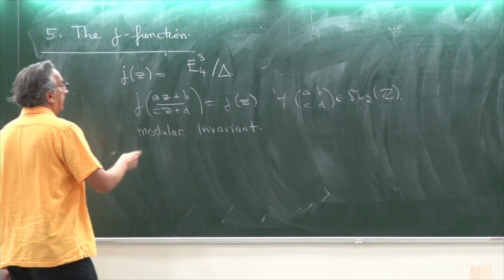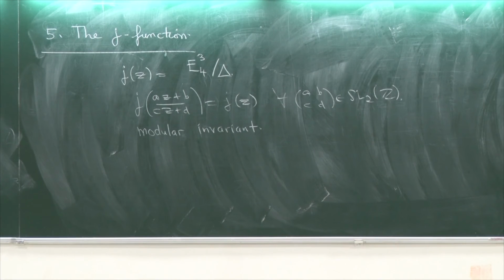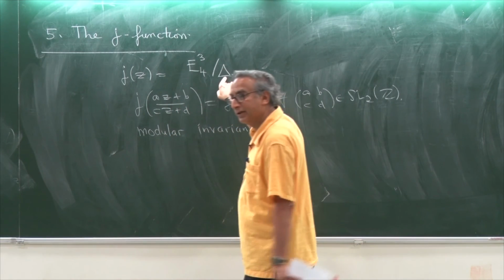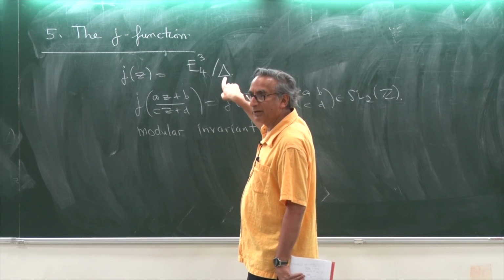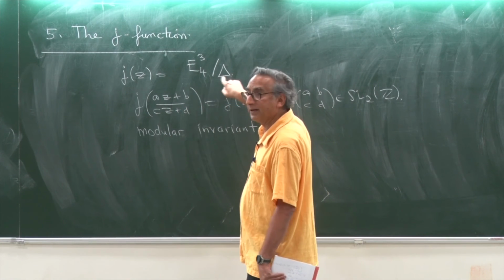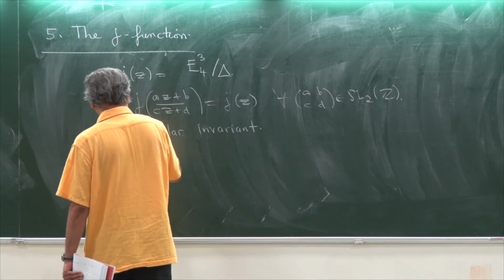And if you look at the q-expansion of delta and the q-expansion of E4 and work it out, remember the coefficients of delta are these Ramanujan tau function coefficients. So if you work that out in long division, J of z has a q-expansion.